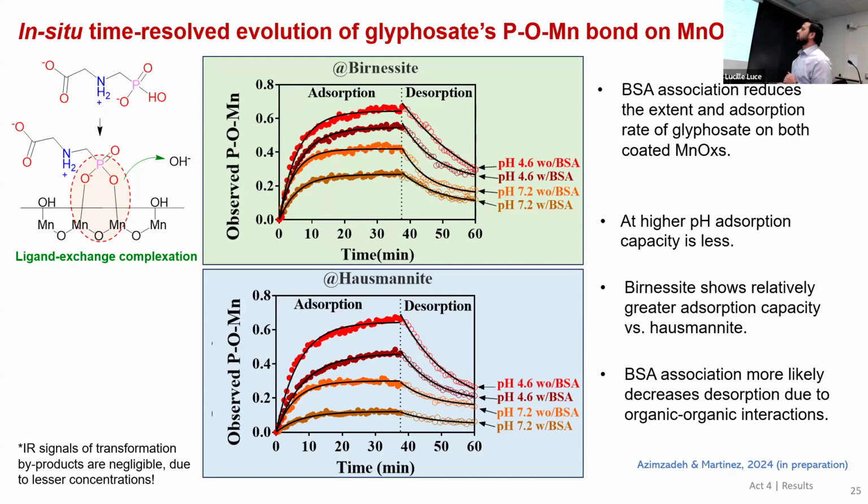And husbandite also showed less adsorption capacity when we add BSA in, and also the same trend for pH. So BSA association reduced the extent and adsorption rate for glyphosate on both coated manganese oxides. At higher pH, I said, less adsorbing capacity. That means we're going to have more glyphosate in the water.